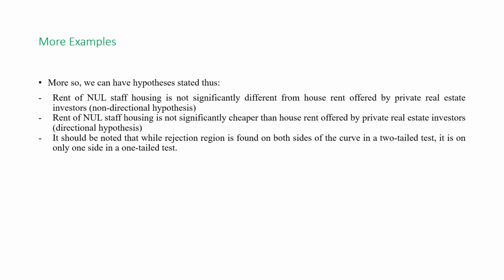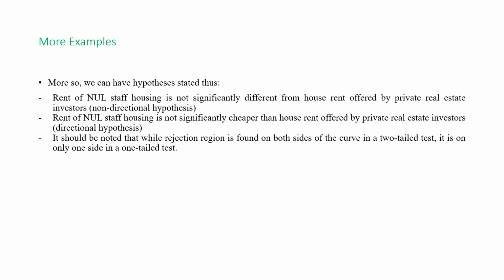Of course, you can as well have: rent of NUL staff housing is not significantly cheaper than house rent offered by private real estate investors. This one is a directional hypothesis because there is an underlying assumption that there is every tendency that our staff housing offered by NUL is likely to be cheaper.